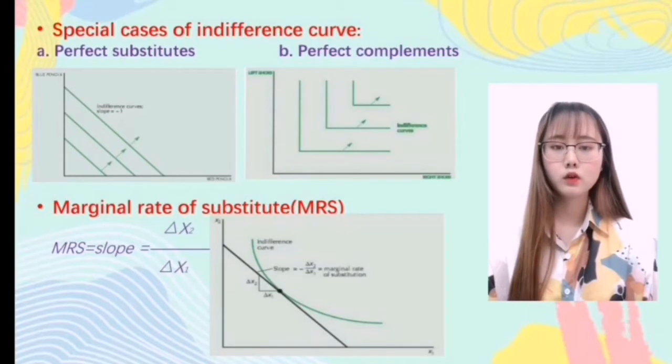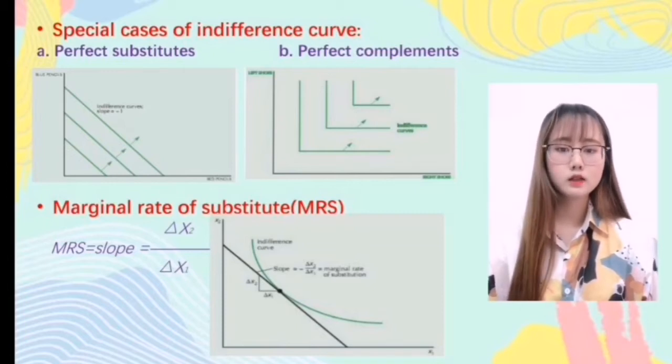If consumers always consume 2 goods in a certain proportion, like 1-to-1 or 1-to-2, then the 2 goods are perfect complements, and the indifference curve is L-shaped.